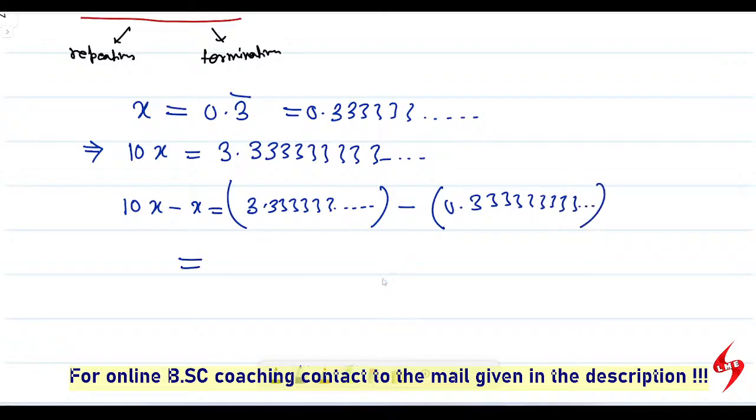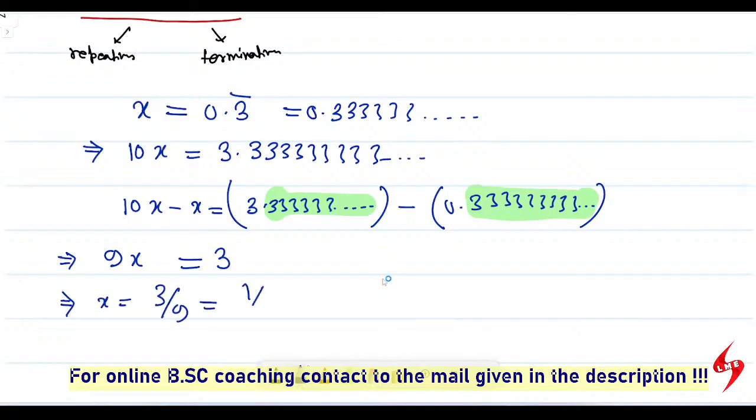You can see that the decimal portions in these two parts are the same. So by subtraction, the decimal portion will be deleted here. And 10x minus x means 9x. So x will be 3/9 or 1/3.